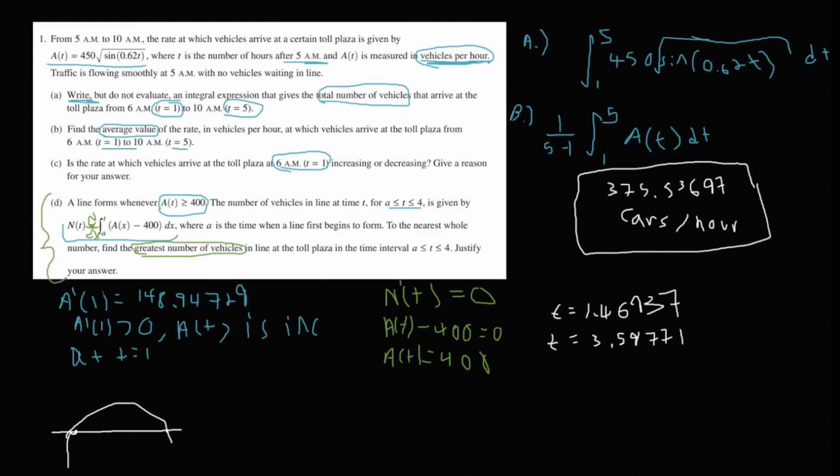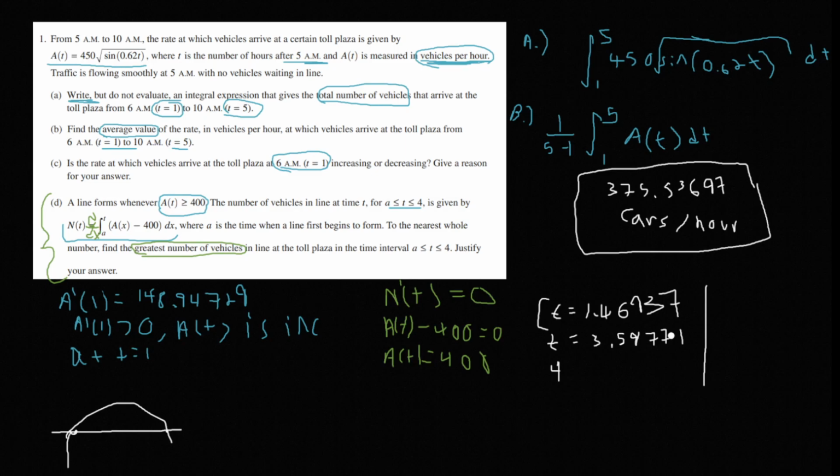So now we've solved for the critical points. This first t here is kind of like our endpoint, because this is when it is first equal to 400. So this is like our initial point, and our other one is at t equals 4.